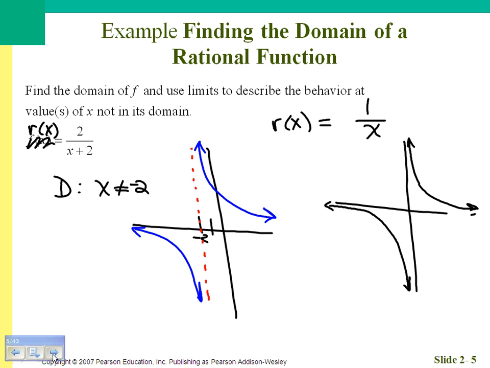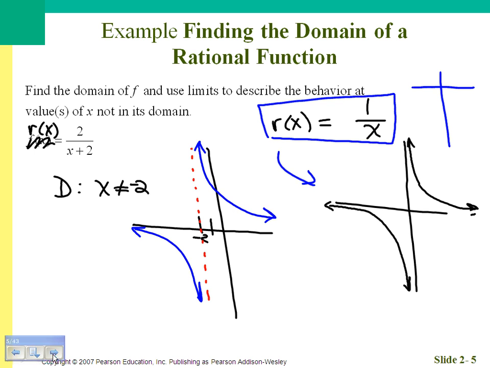So let's look at an example and see how we can study it. I put on the board r of x is 2 divided by x plus 2, and we're going to analyze it. But I'd like to compare it, first of all, to the reciprocal function over here to the right. That's the reciprocal function, 1 over x. And that's what it looks like, and I think if we build a chart, you can see why it looks the way it does.